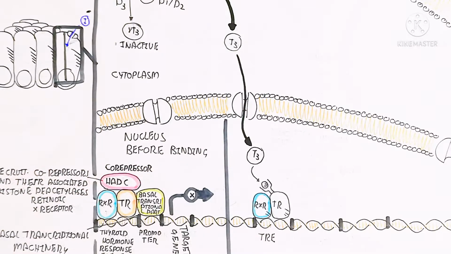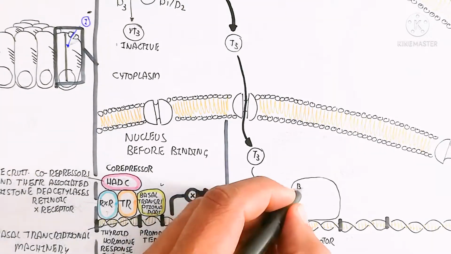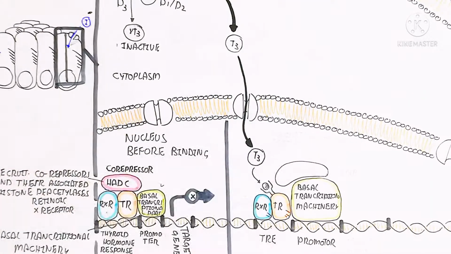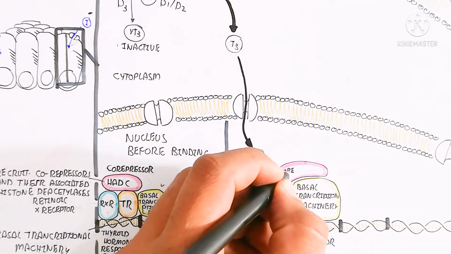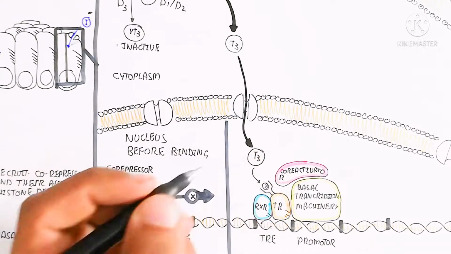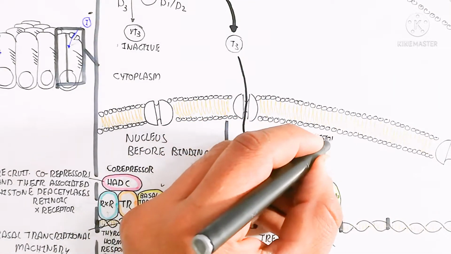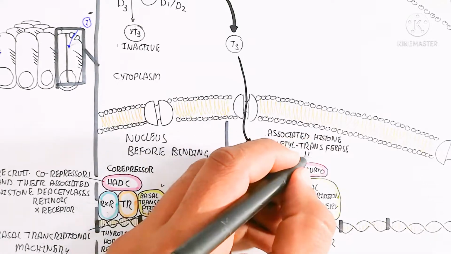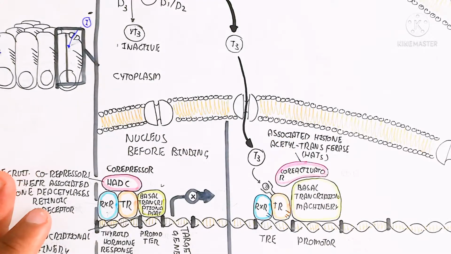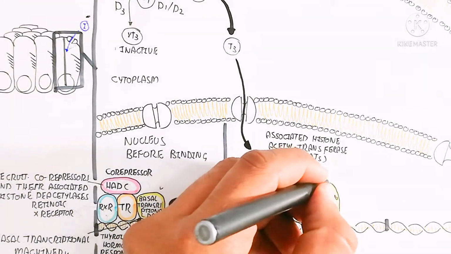So here again the thyroid hormone response element will bind with the thyroid receptor, the receptor with the T3, and bind with the basal transcription machinery promoter region, and bind with the co-activator, the associated histone acetyltransferase enzyme, which is used for the transfer of the acetyl group for transcription.